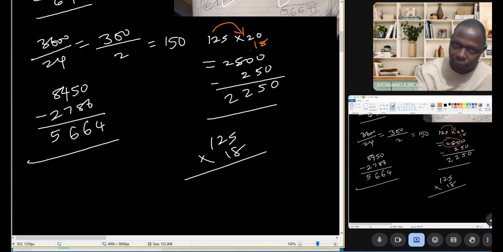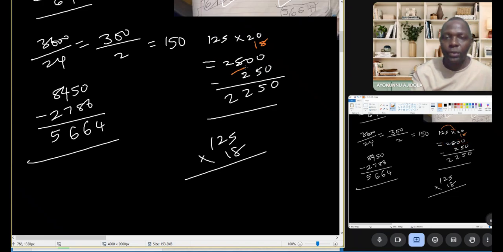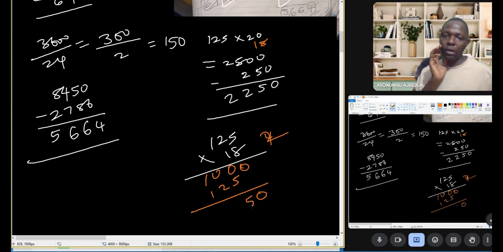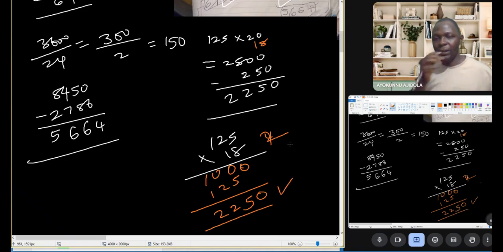And the value of the 2 is 250, so you subtract it. If you multiply this, 8 times 5 is 40. 8 times 2 is 16, plus 4, that's 20. Then 8 times 1 is 8, plus 2, that's 10. 1 times 5, 1 times 2, and 1 times 1, then you get 2250. Is that clear? Yeah.